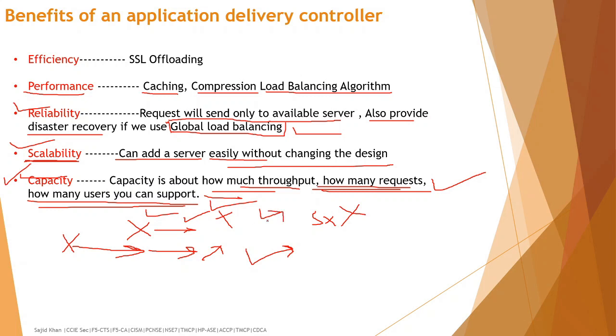So to handle all the requests, your system or your application must have the capacity to do so. With the help of the ADC, you can simply add a server as a pool member, so you can increase the request capacity and throughput.